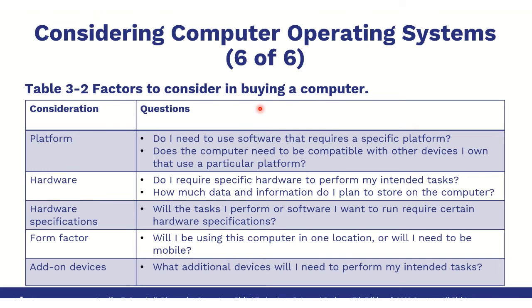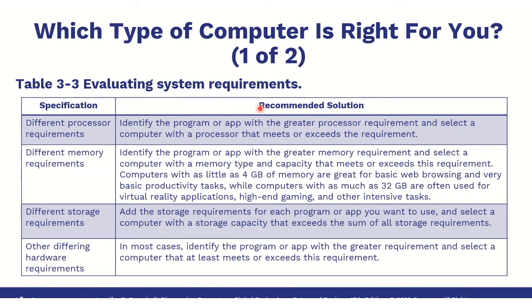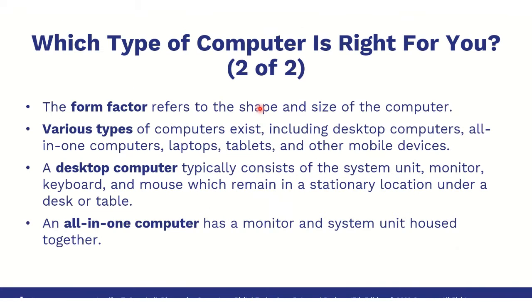Those are the considerations you might want to use. You can also evaluate the system's requirements, so you can have different processor requirements, memory requirements, storage requirements, and other differing hardware requirements.